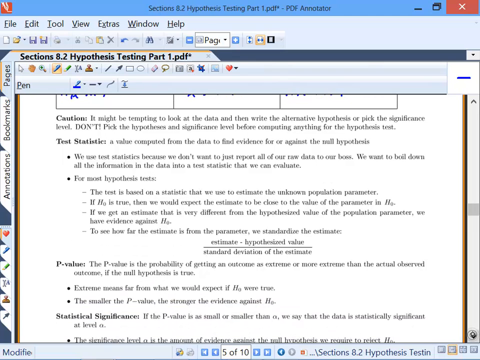Once again, your p-value is the probability of getting an outcome as extreme or more extreme than the actual observed outcome if your null hypothesis is true. Remember, extreme means far away from what you would expect if the null hypothesis were true, so more and more evidence against the null hypothesis. The smaller the p-value, the stronger the evidence against your null hypothesis, and the stronger the evidence for your alternative hypothesis.